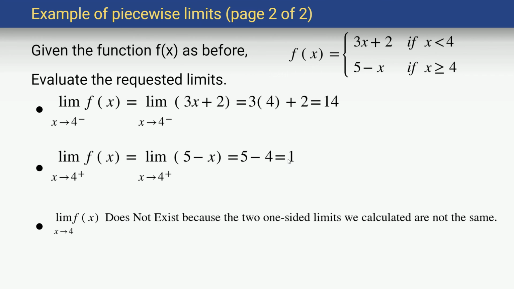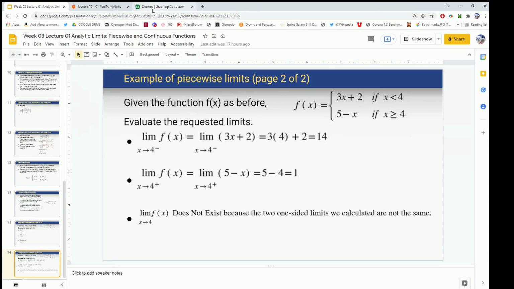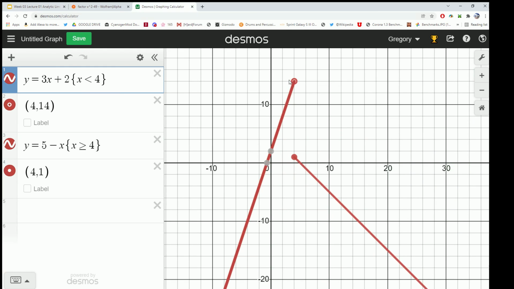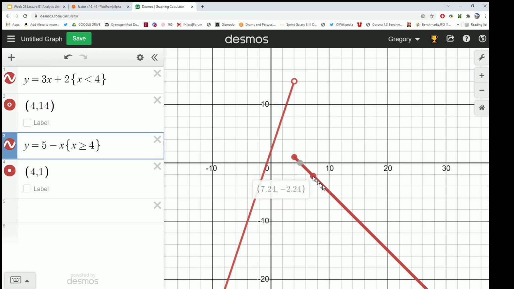But if you have 14 and 1, you've got nothing because they're not the same. Okay? And that's just what you see on the graph here, right? On the left-hand half, you end up at 14. On the right-hand half, you're down here at 1. Of course, this y value and this y value are different y values, so there is no limit.